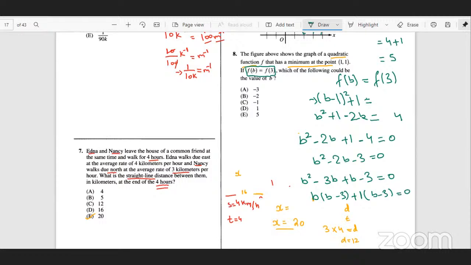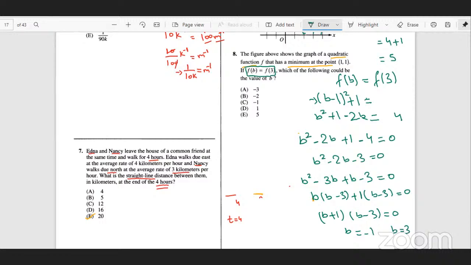Okay, so I will rub all this, which I did for the, I guess, 7th question. That's why I have more space here. This much space is enough. And now I can write (b plus 1)(b minus 3) equals 0. So this means that b equals minus 1 and b equals 3.